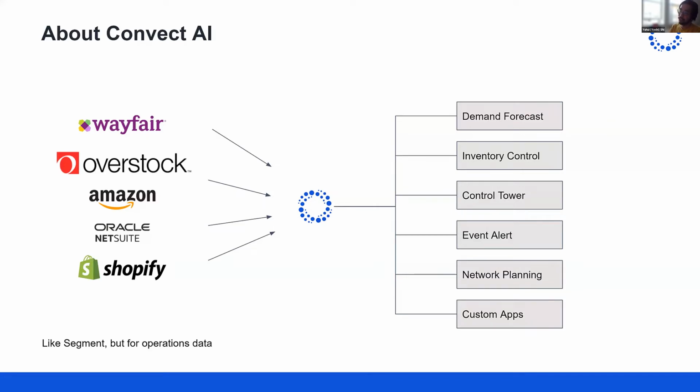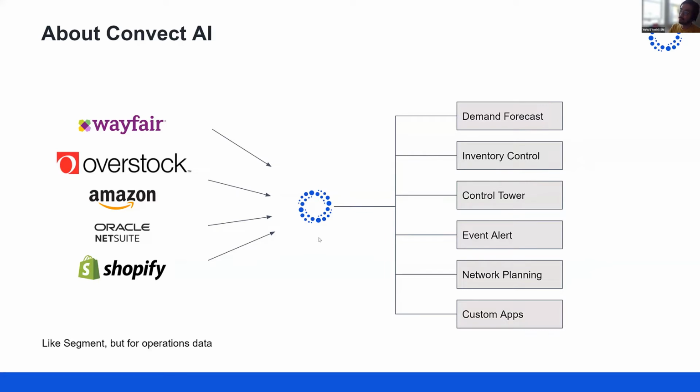You get all those data from multiple channels. So if you are a retailing company, if you sell on multiple marketplace platforms, and if you run your own sales channels, you have your own ERP data, then you get all those data into the standard format. And then you have downstream applications like demand forecasting, inventory control applications, network applications, or you can have some customized application built upon those data.